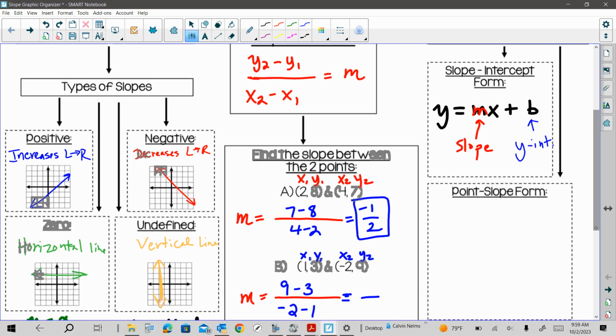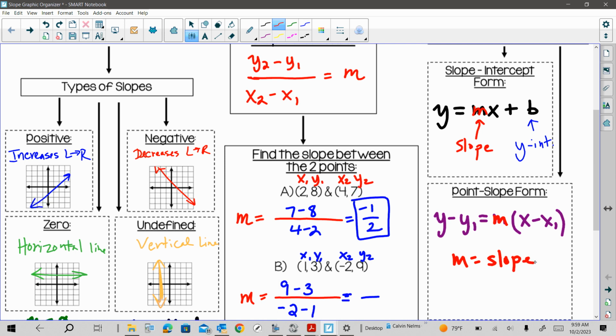Point slope form, this is when we have y minus y1 equals m parentheses x minus x1. The m in front of the parentheses is your slope.